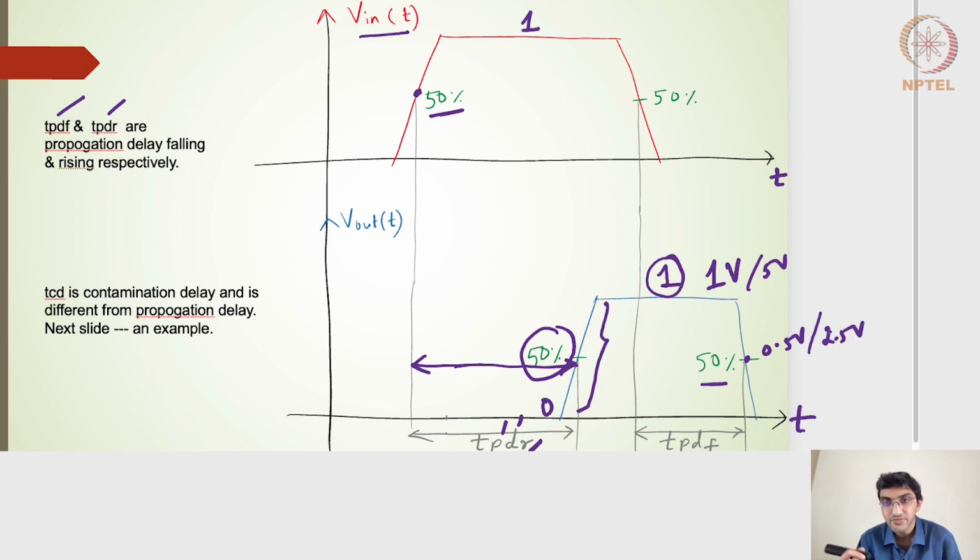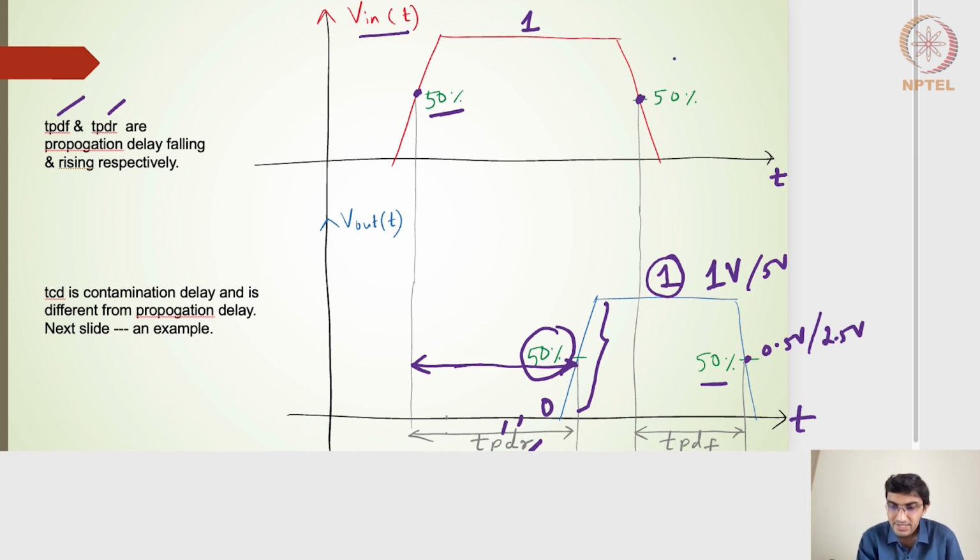So the 50% of the maximum voltage. Whenever it starts falling and has reached 50% of the maximum voltage, the duration from the input 50% to the output 50% will be my propagation delay falling. Right? Hope this is clear.